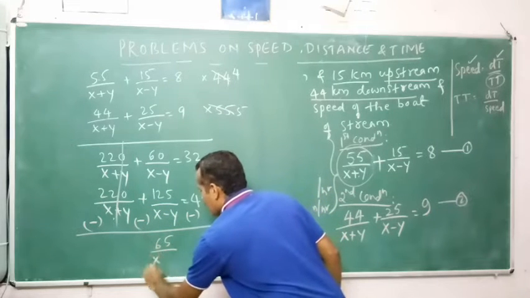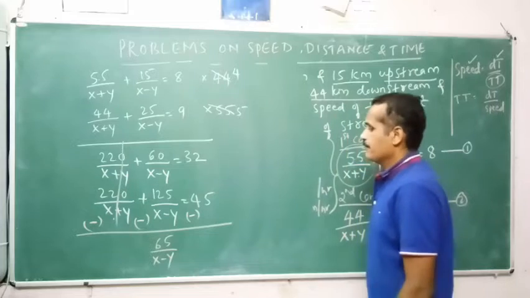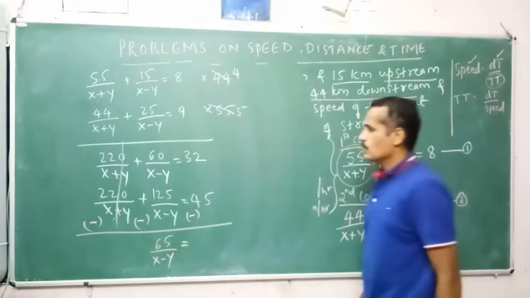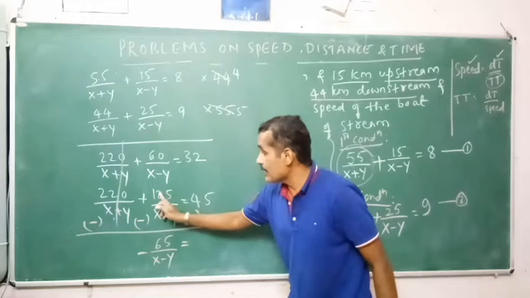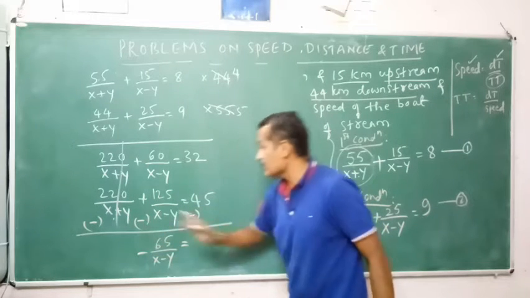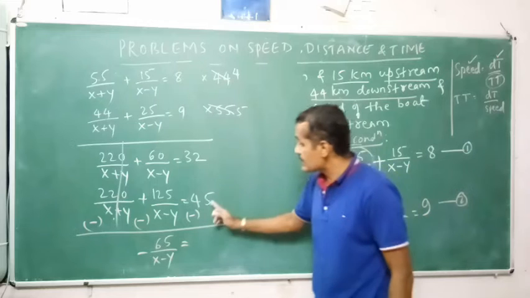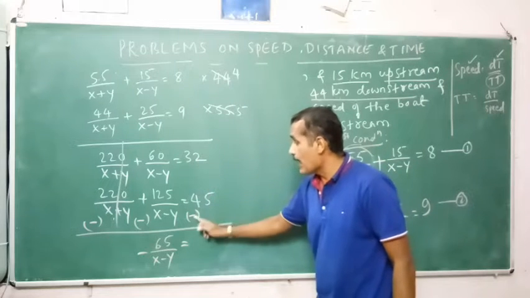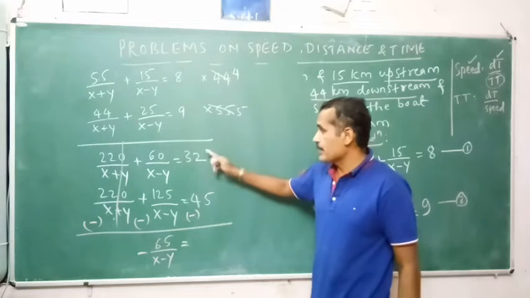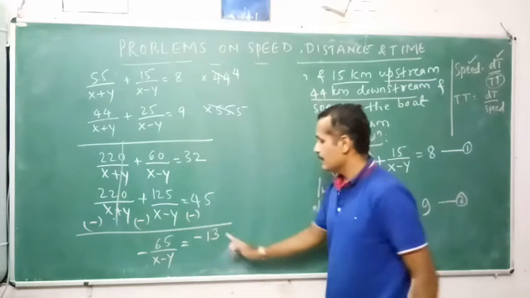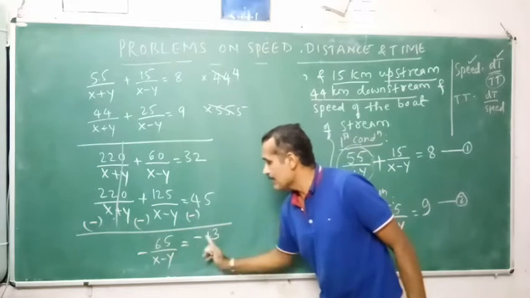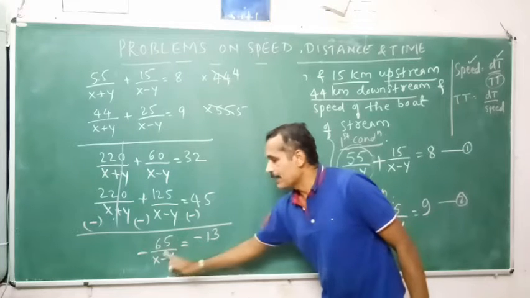65 divided by x minus y is equal to, with a minus sign, sorry, 125 is a bigger number, so the minus sign will come here, is equal to 32 minus 45, that means 45 minus 32 gives you 13, minus 13. So this will go to the denominator.